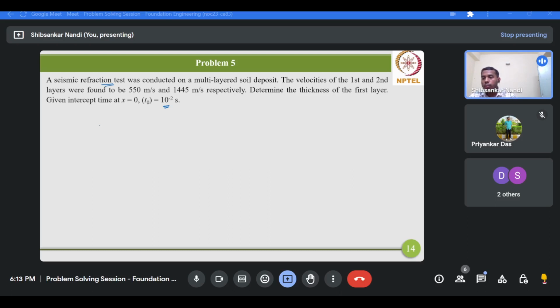Now what is the philosophy for conducting this kind of seismic refraction test? The philosophy is that suppose this is a multi-layered soil deposit. Suppose I am talking about only a 2-layer elastic half space, and this is the ground surface.